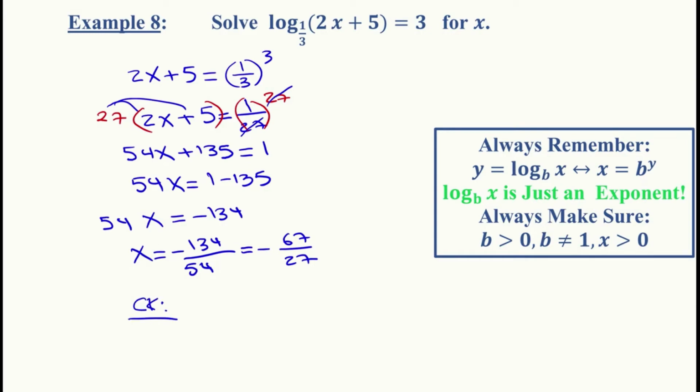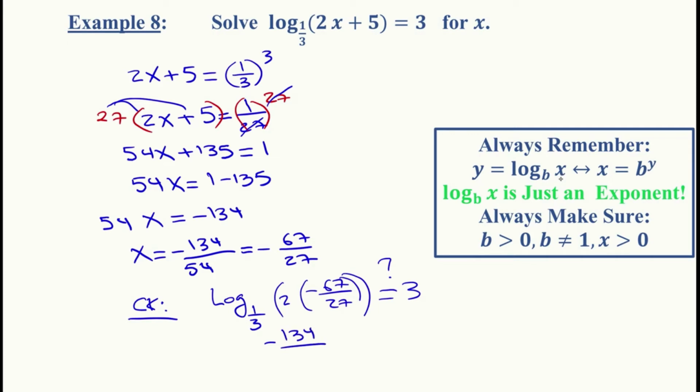All right, so if you want to do a full check, of course you can. You just basically have log base 1/3 of 2 times negative 67 over 27, and you want to know if that's equal to 3. So you want to know if negative 134 over 27.